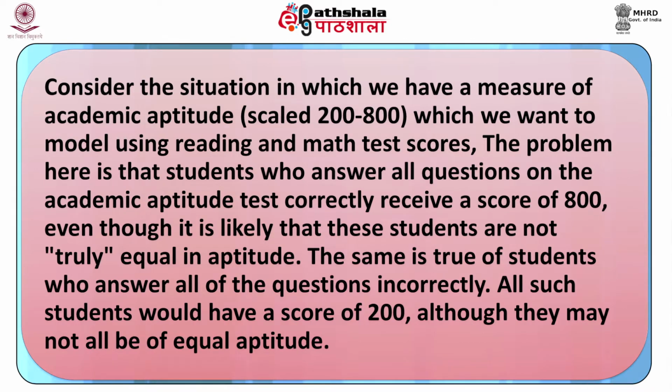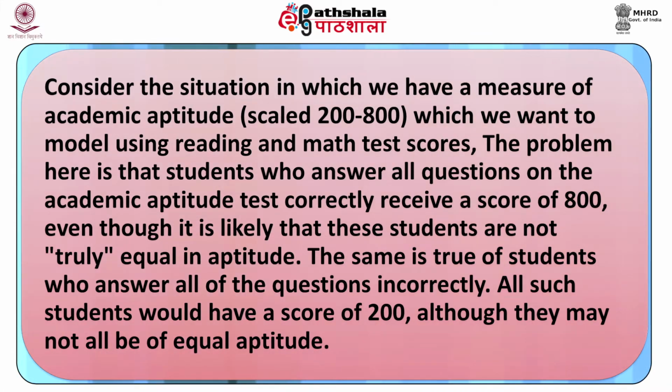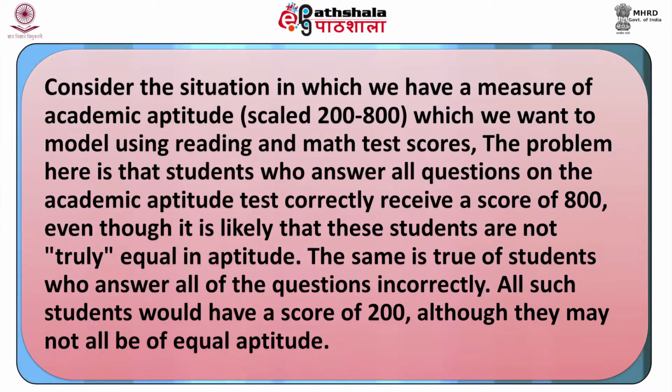The problem here is that students who answer all questions on the academic aptitude test correctly receive a score of 800, even though it is likely that these students are not truly equal in aptitude. The same is true of students who answer all of the questions incorrectly. All such students would have a score of 200, although they may not all be of equal aptitude.